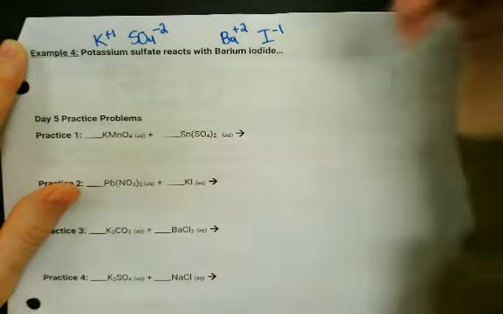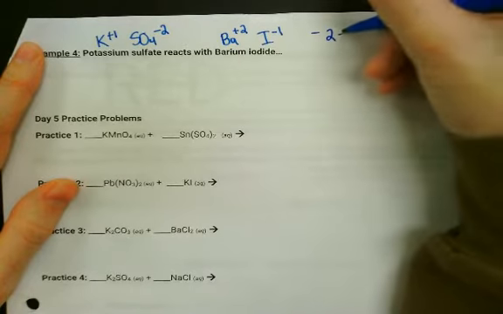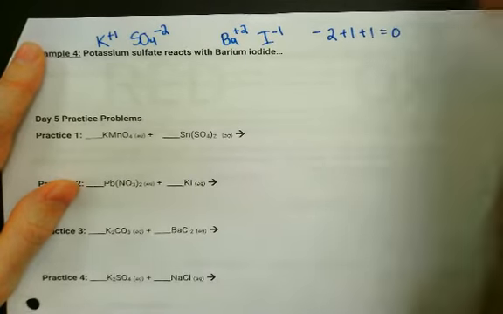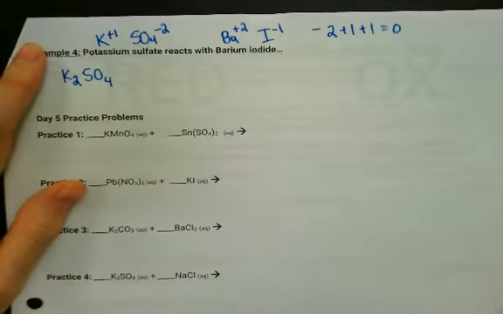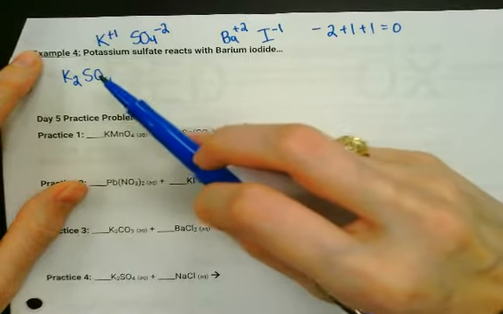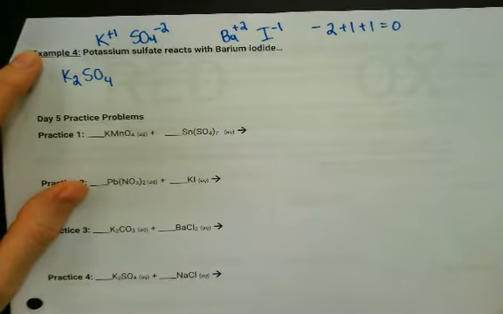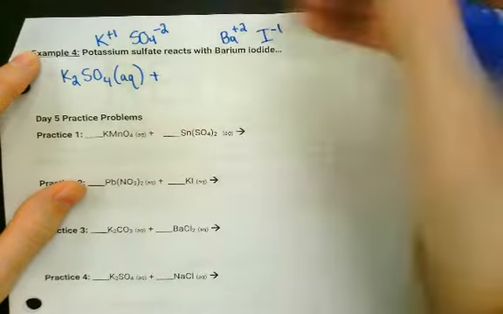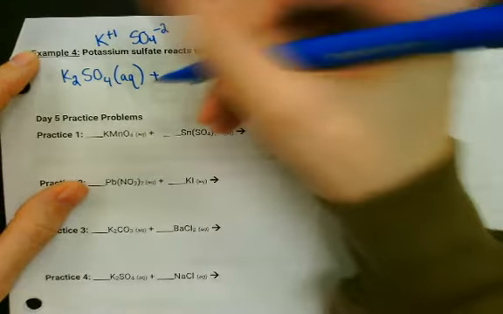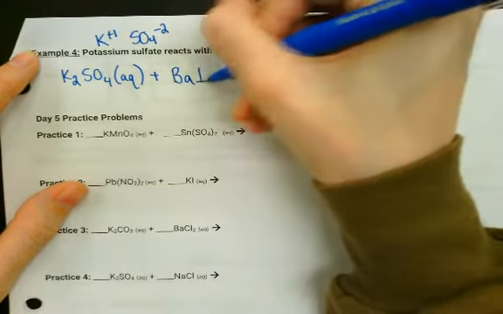So, potassium sulfate, I will need 2 potassium to neutralize that 1 sulfate. There's my neutral compound. So I have my solution of potassium sulfate reacting with my solution of barium iodide.